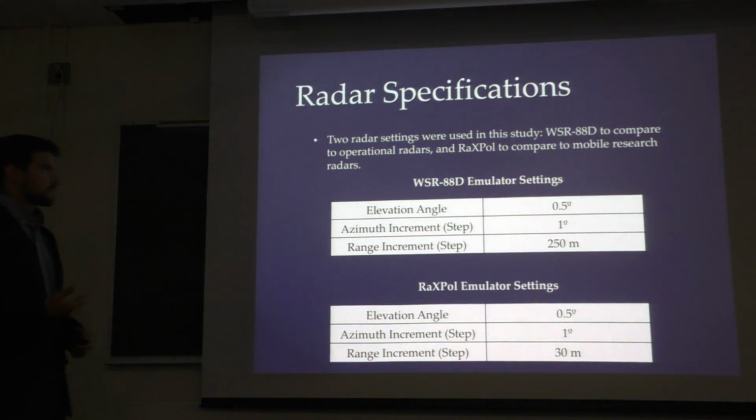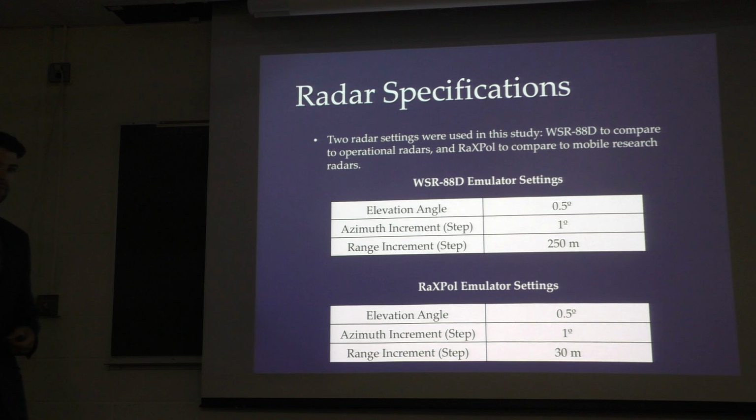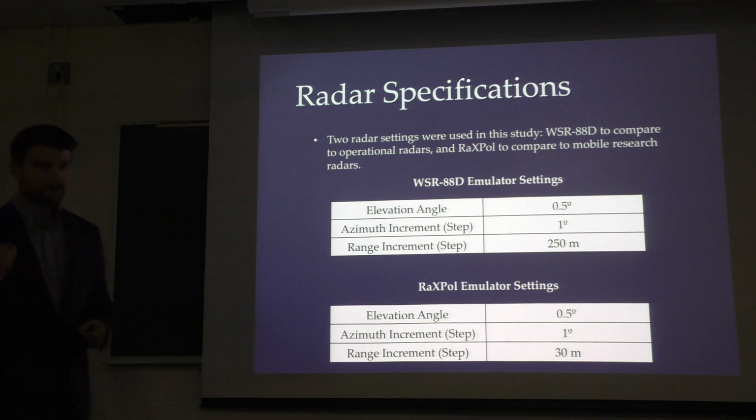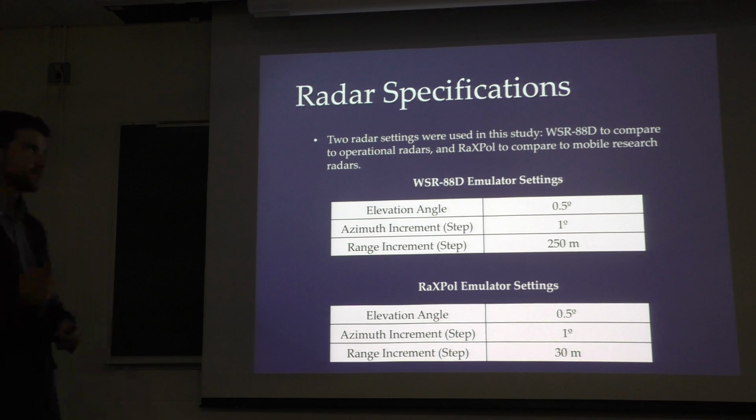And so these are the specs that I chose for the radar. We did WSR-88D, because that's the operational NEXRAD system right now. That's what people on a forecast desk are going to be looking at. The lowest elevation angle they use for NEXRAD is 1/2 degree. The beam gives data every 1 degree, and the bins are every 250 meters.